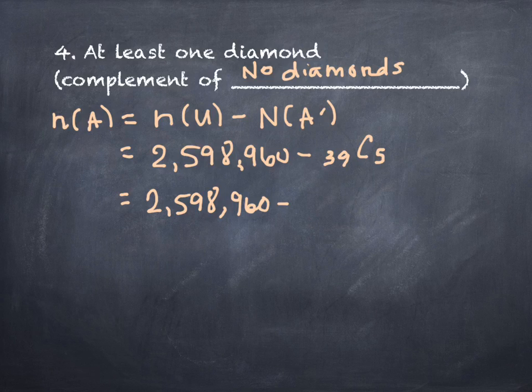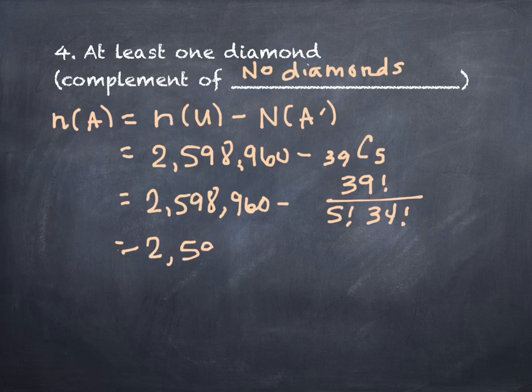C5, what will that look like? 5 factorial and 34 factorial. That sound okay? Good. How far out am I going to write my factorial? 34.